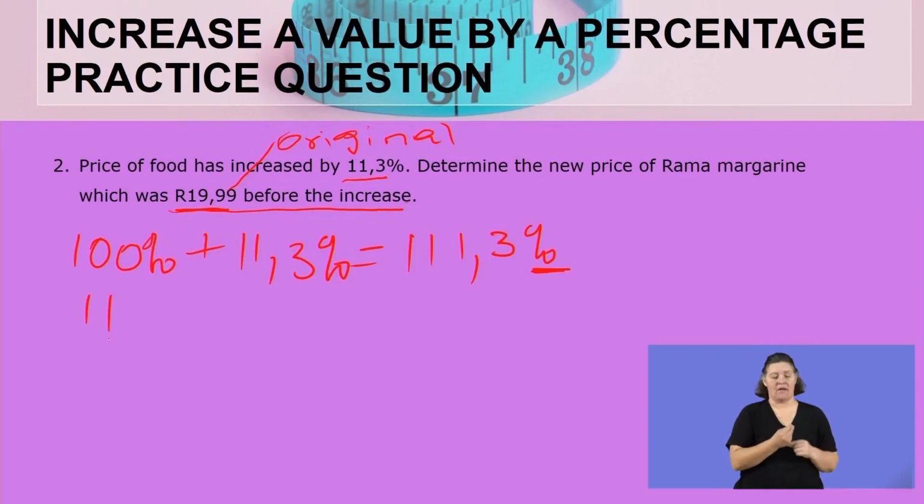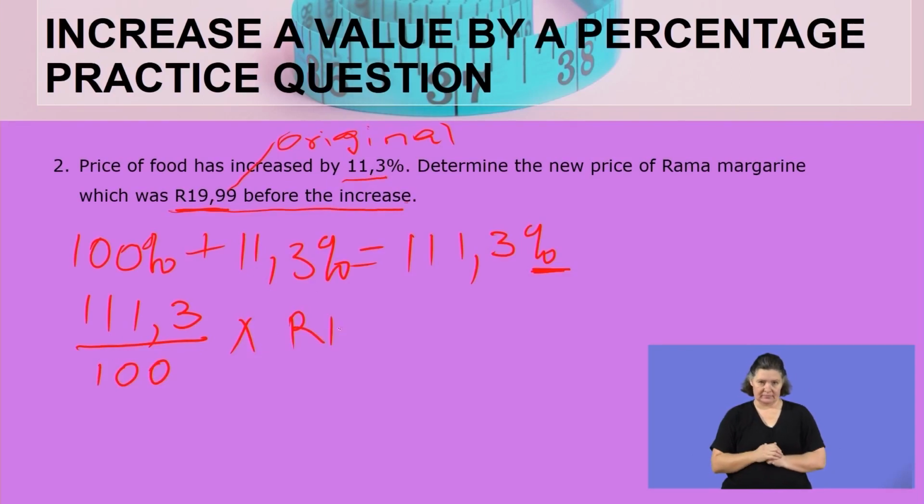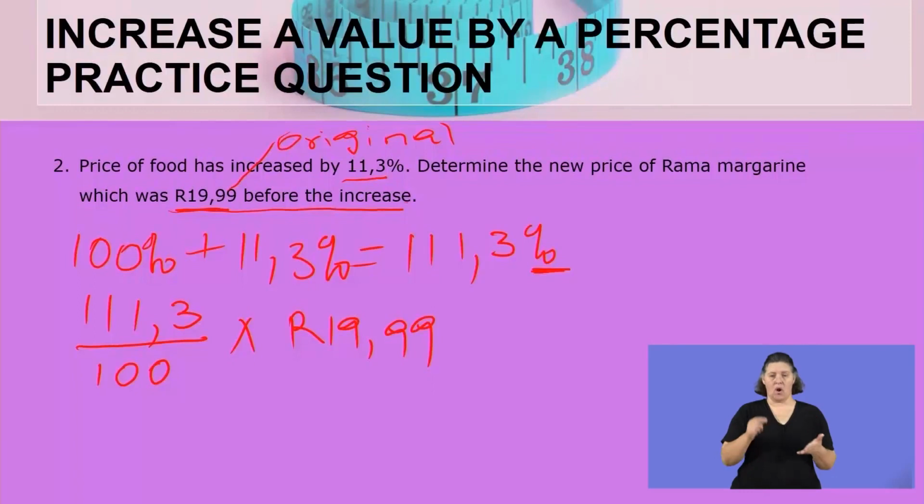Then we are going to have 111.3. We divide this by 100, and then this should be multiplied by 19.99 rand. So let us calculate. 111.3, and then we divide this by 100.